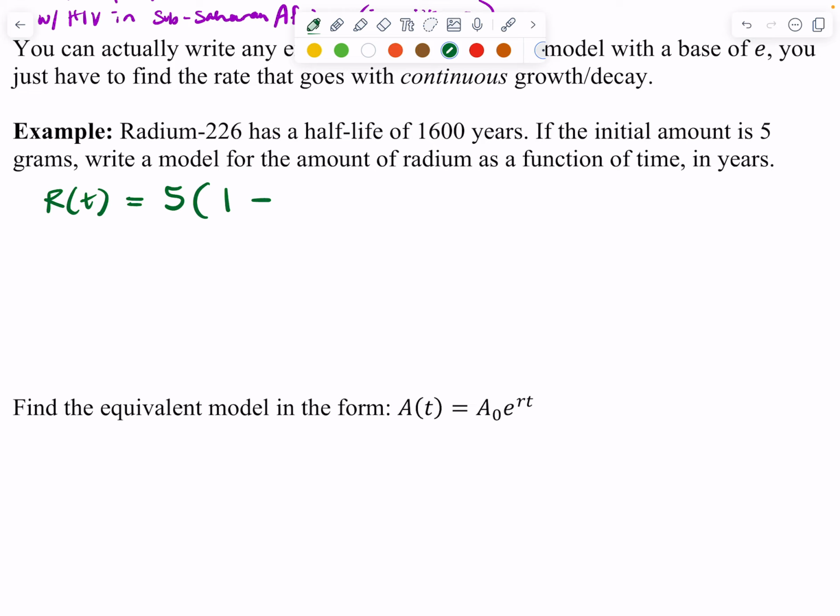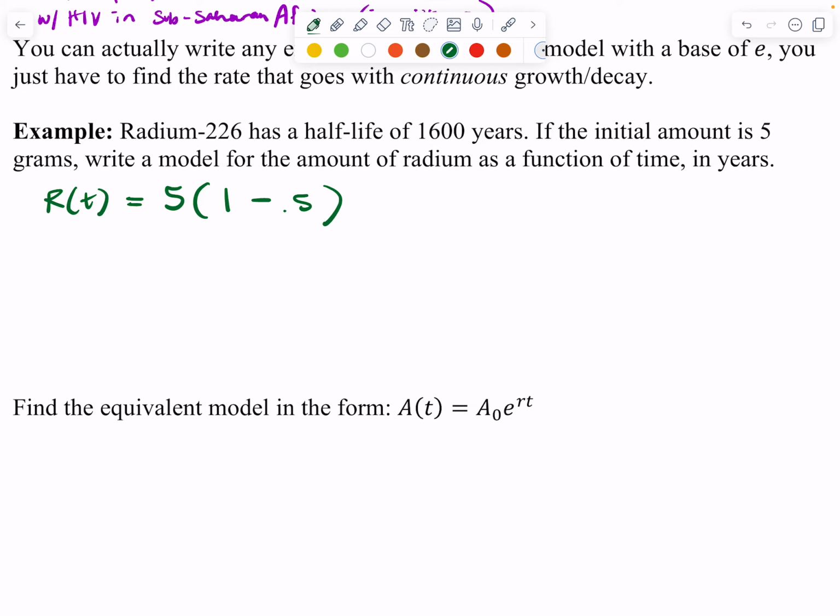Given the half-life, that's the amount of time it'll take for the amount of radium-226 to decrease by 50%. So 1 minus 0.5, and then thinking about, what is a period?